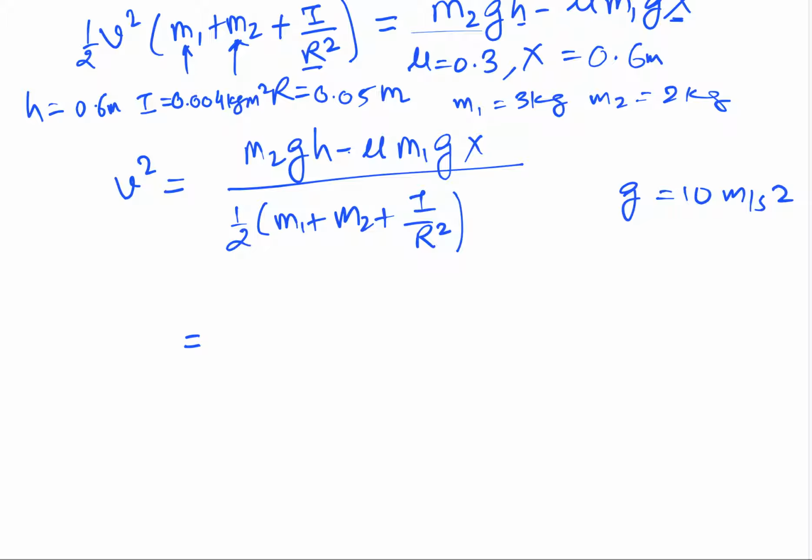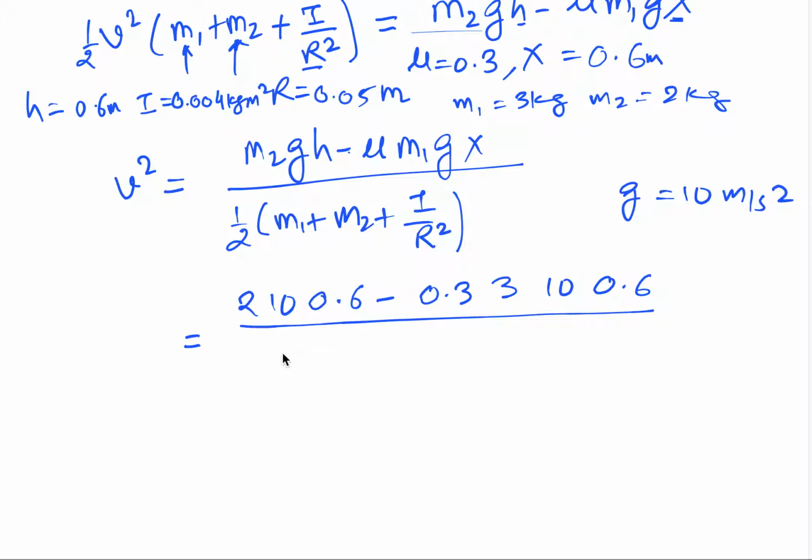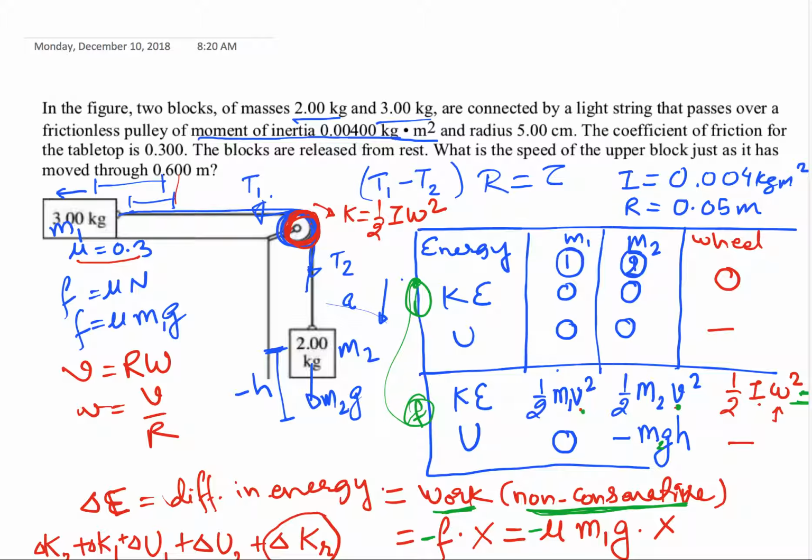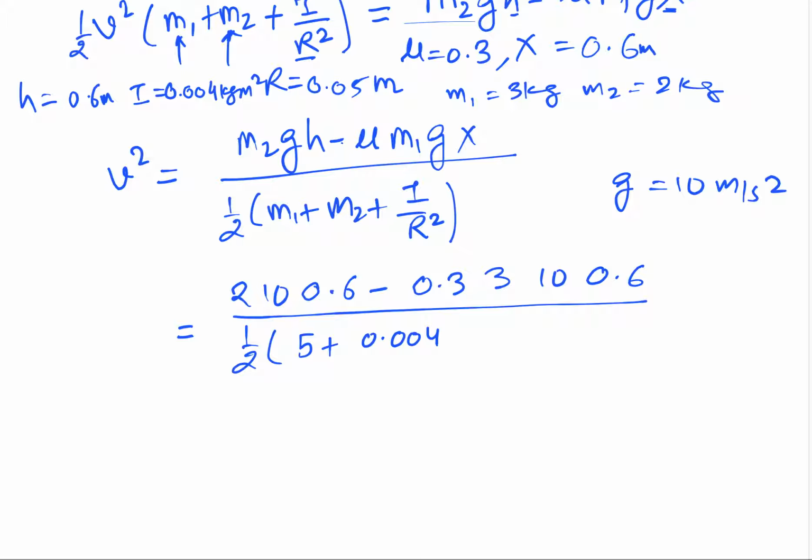So that's m2, 2 times 10 times the height 0.6, minus mu is 0.3, m1 is 3, g is 10, x equals h, that's 0.6, divided by half of m1 plus m2, that's 3 plus 2, 5, plus I was 0.004, divided by r, radius 0.05 square.